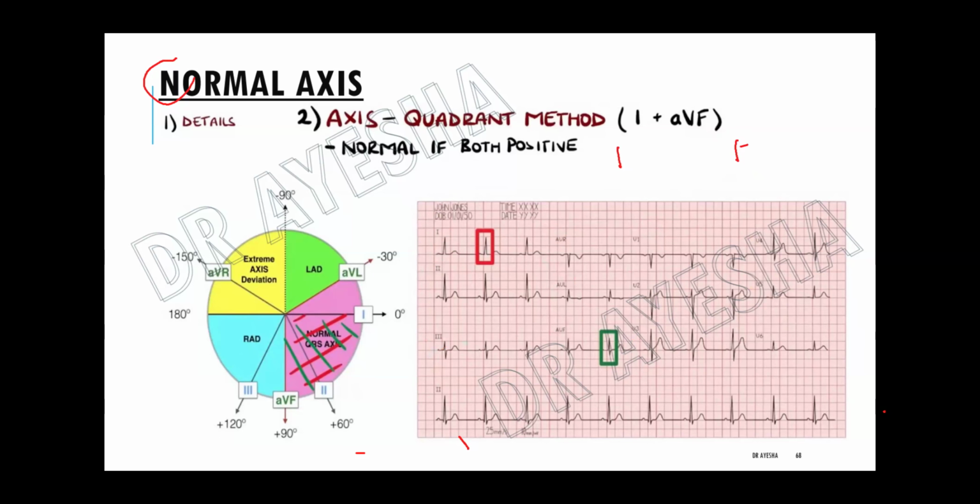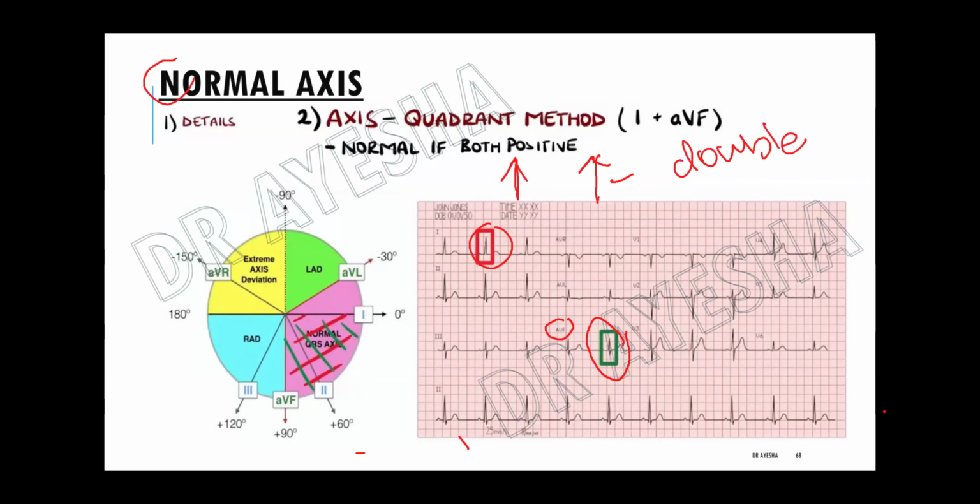What are you looking for? Two positive thumb signs. Just like when you give two thumbs up, it means a positive deflection in lead 1, thumb up, and a positive deflection in AVF as well, thumb up.